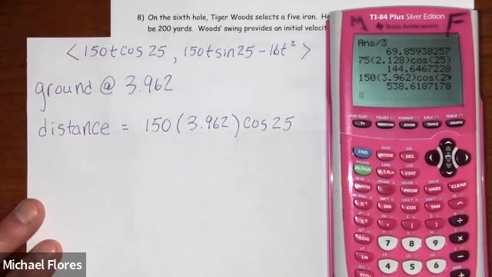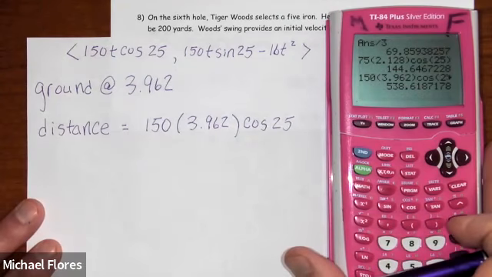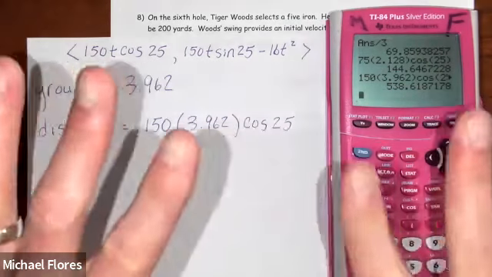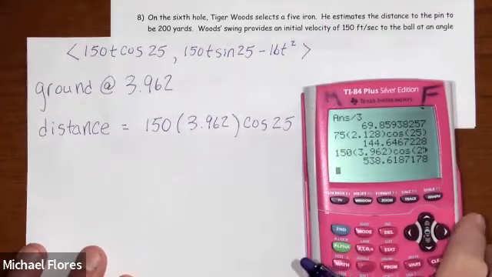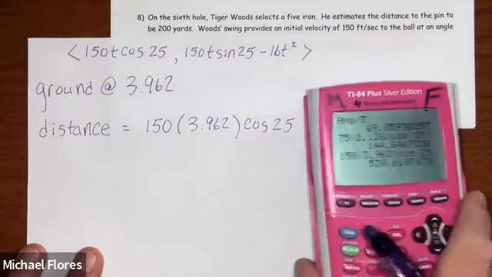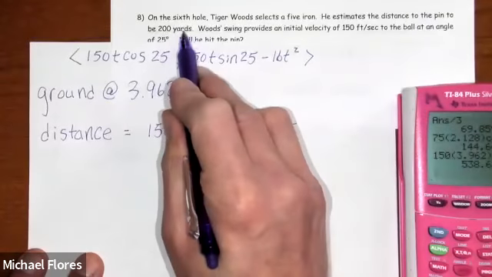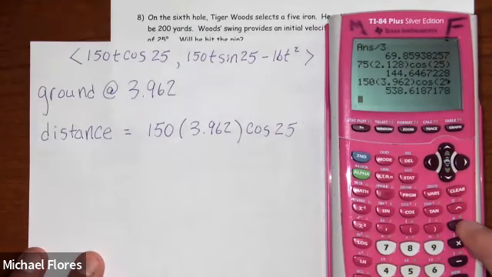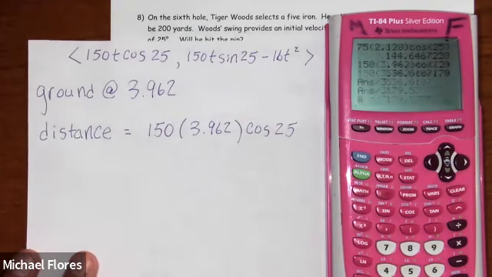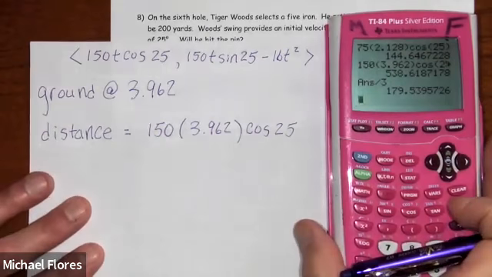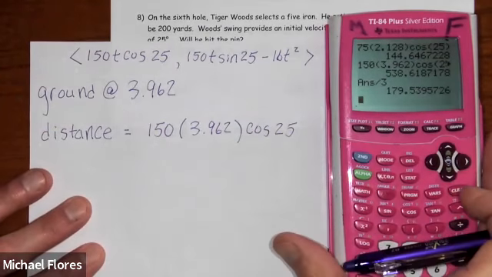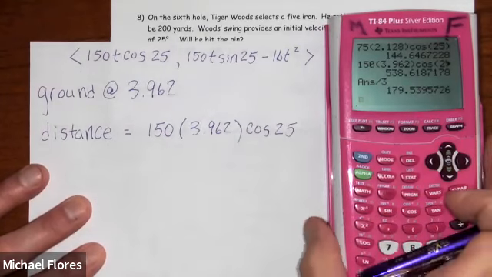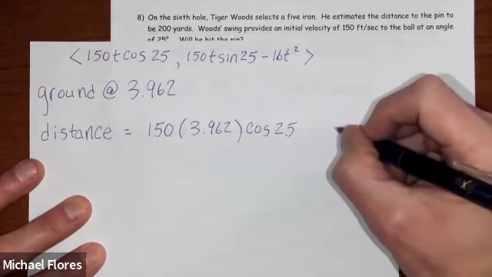Looks like it's going to travel 538.619 feet. But wait, we are dealing with a pirate's favorite unit of measure here, yards. So let's divide this by 3. Looks like it travels 179.539, which would round up to 179.540 yards.